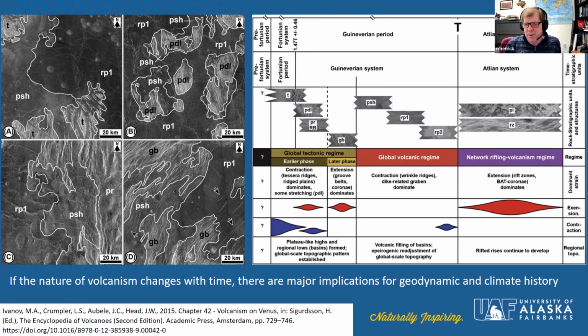There's been a group, Misha Ivanov and Sasha Basilevsky and Jim Head and some of their colleagues, who have tried to use geologic mapping to understand the sequence of events, and they have come to the conclusion that there's been an evolution in this distribution of features that I've shown you in terms of volcanic features.